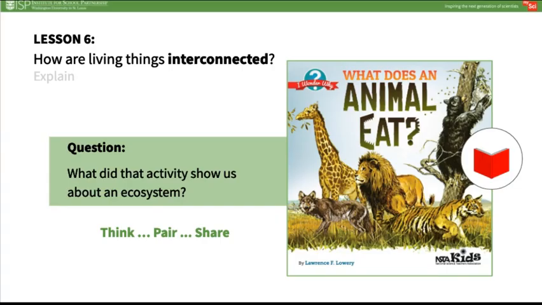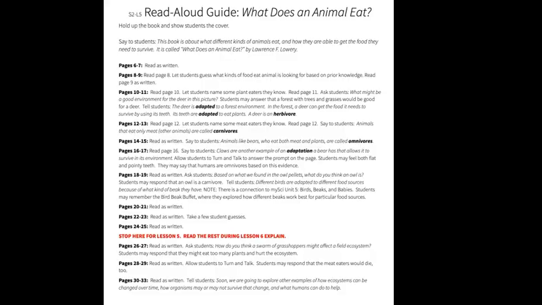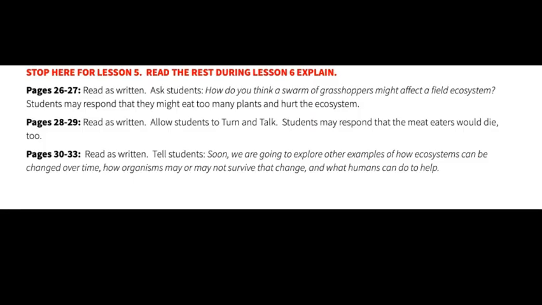In the Explain portion of the lesson, students will think, pair, share about the Explore activity and interconnectedness of organisms in an ecosystem. Then return to the book, What Does an Animal Eat? and read aloud the last few pages. Refer to the Read Aloud guide in the teacher pages for more details.